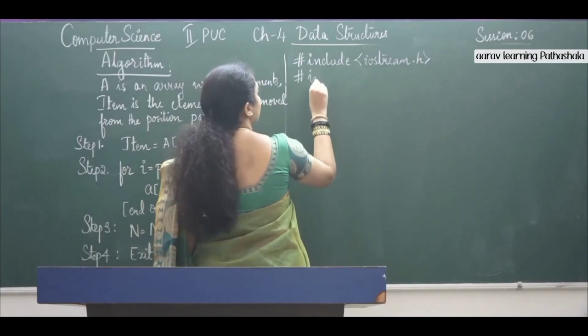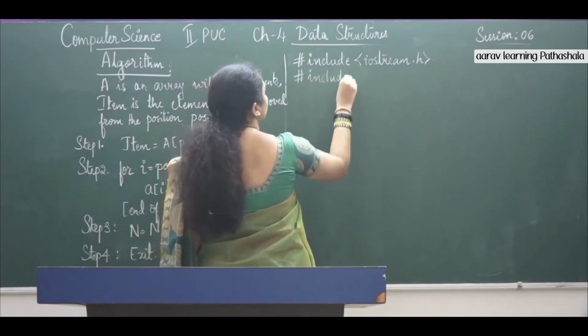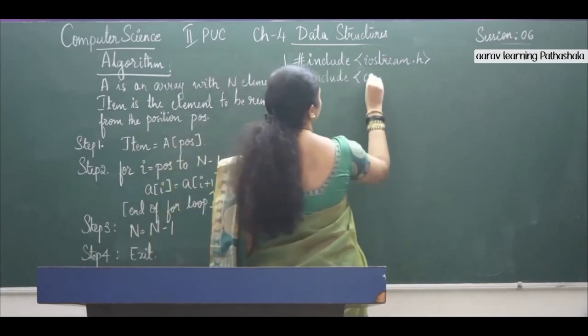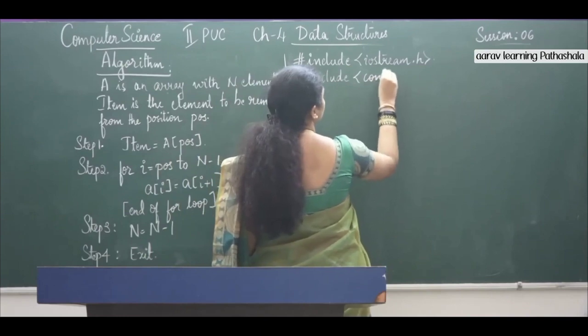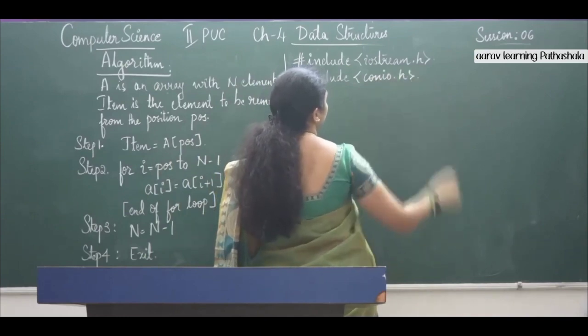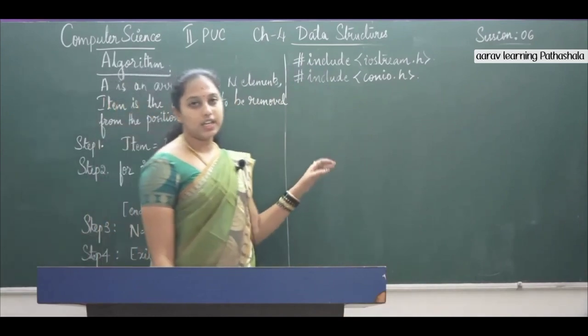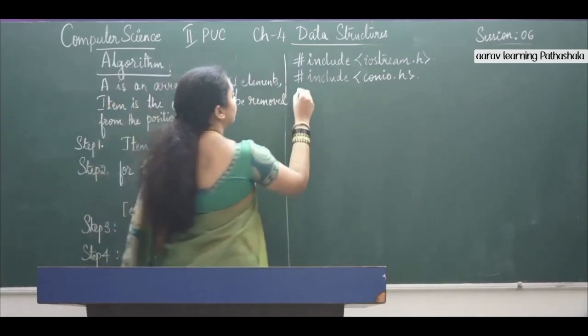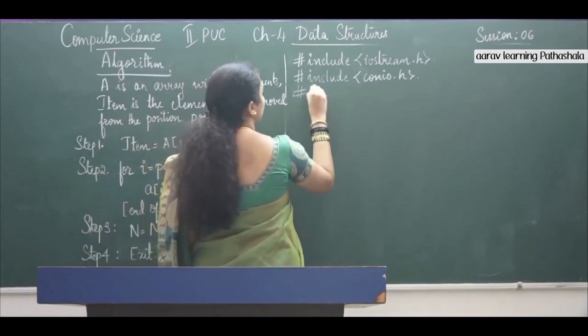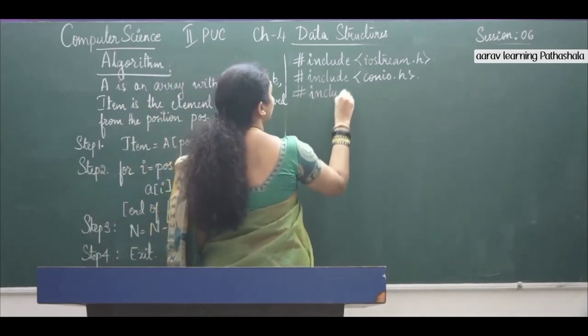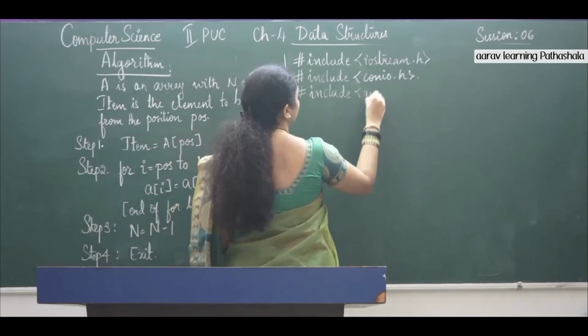Next header file is #include conio.h, which includes some basic functions required in our C++ program like clrscr and getch. Next header file is #include iomanip.h.